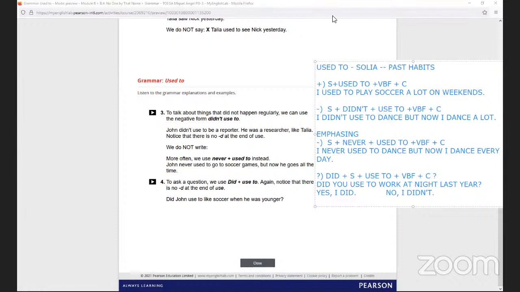So that's clear. Now I will assign you something. If you didn't take notes, please take a picture. Maybe it's better to take the picture. Yes, take a picture and we're gonna go to the platform. Okay. Perfect.